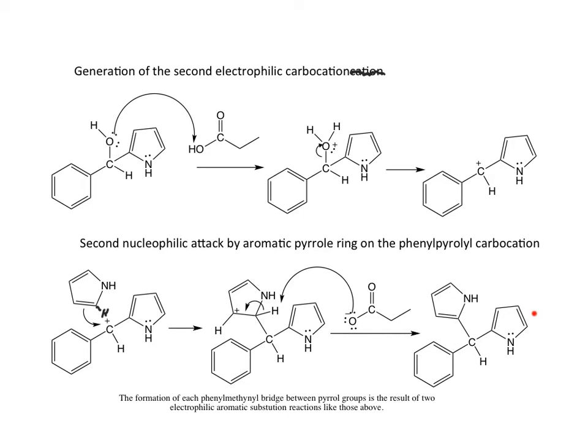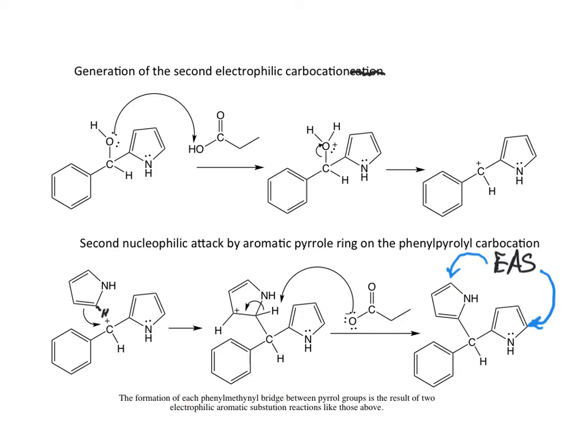And so now this position of this pyrrole and this position of this pyrrole are available for another round of the electrophilic aromatic substitution. So we get EAS going on here and going on here to create another phenylmethynyl bridge.